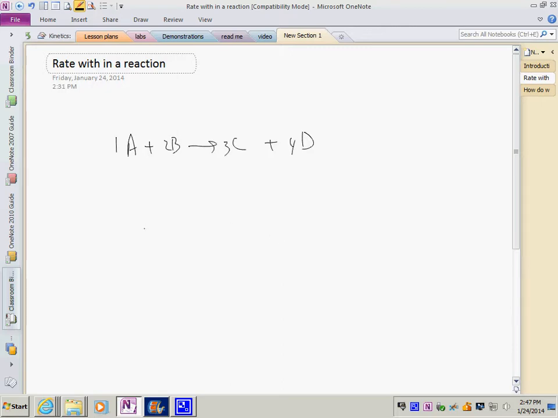Okay? So at any point, if they give you the rate, and I'm assuming on the reactant side that we're consuming these guys, and that we are producing the products, if they give you any rate of any of these guys, based on the stoichiometric ratio, you'd be able to figure the rate of everything else.